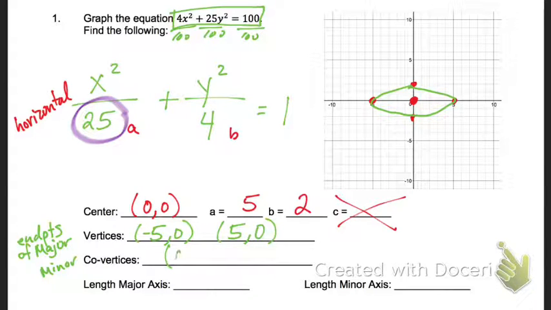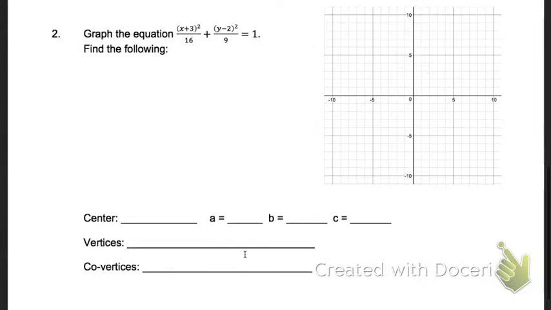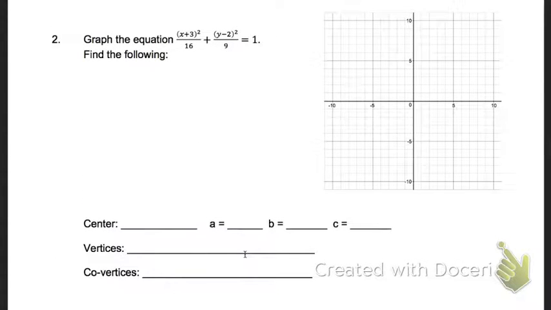What ordered pairs? Perfect. And my major axis, what's the whole length? 10. My minor axis is 4. Perfect. Not too bad, right? Good. Taking out the foci is the part that makes people confused, I feel like.